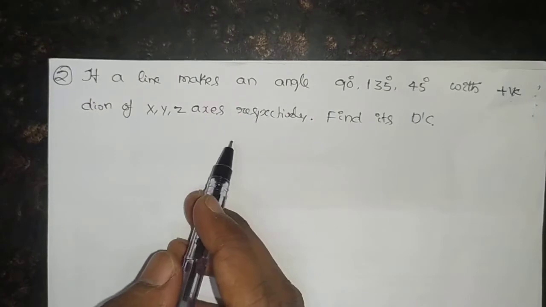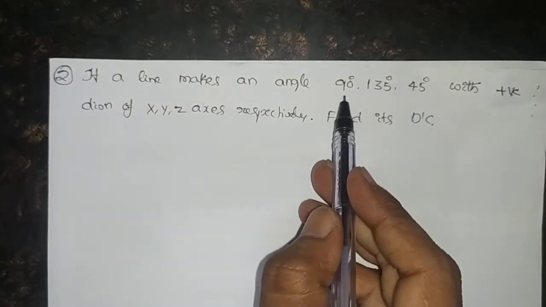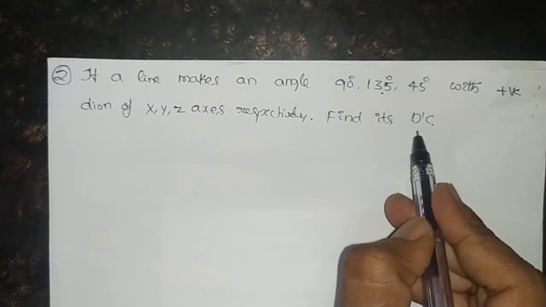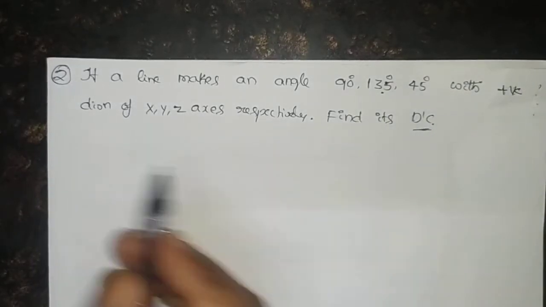This problem is also very similar to the first one. Here also the angles are given: 90 degrees, 135 degrees and 45 degrees. How to find the direction cosines if we know the angles? Cos alpha, cos beta, cos gamma.